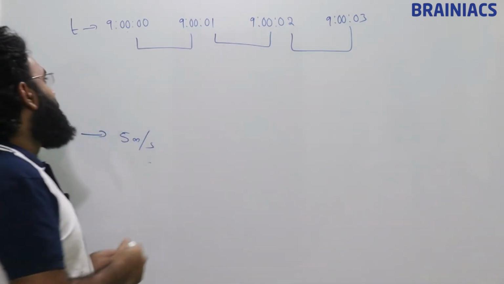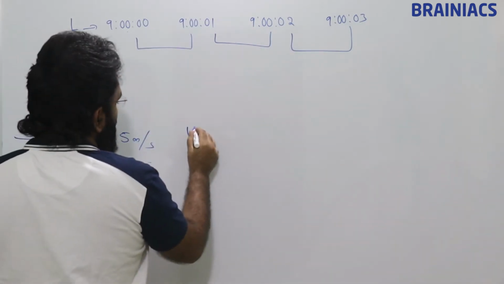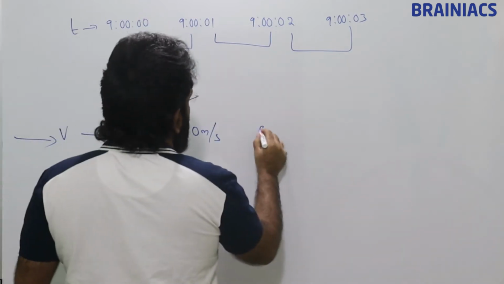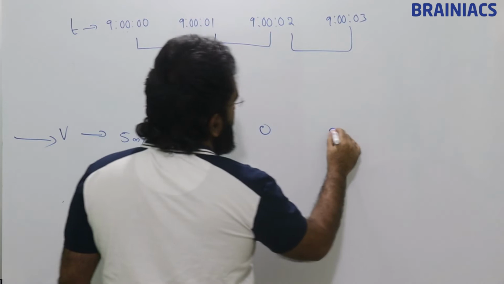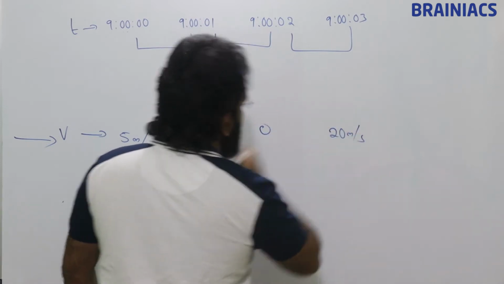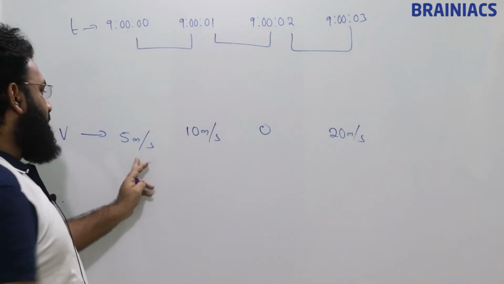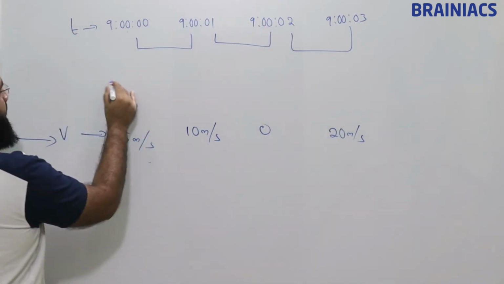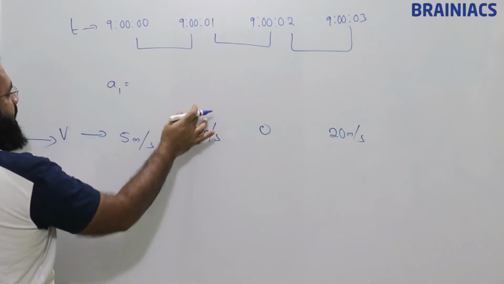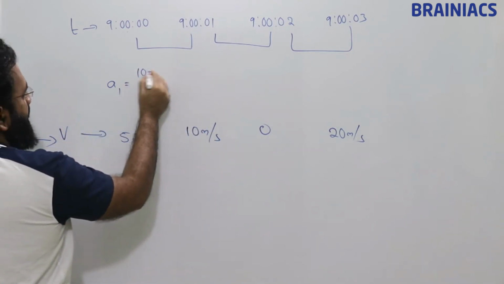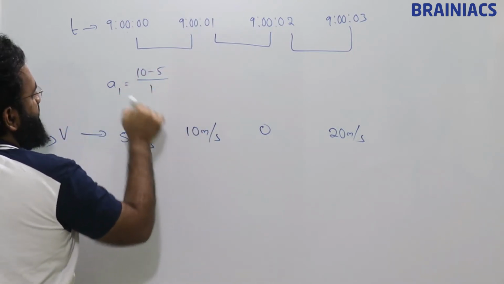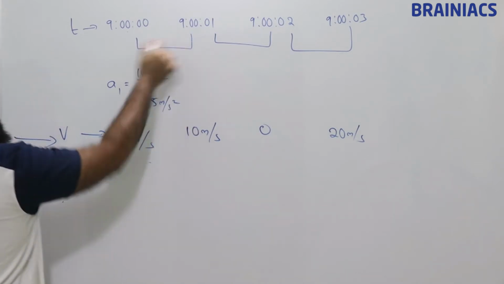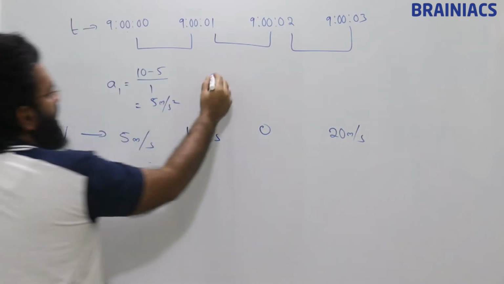So we have 5 meter per second, then we have 10 meter per second after 1 second, then we have 0, then we have 20 meter per second. So these are the velocities v1, v2, v3, v4. If we take a1, v2 minus v1 divided by t2 minus t1, this is going to be 5 meter per second square. So in this time interval, this is the acceleration.